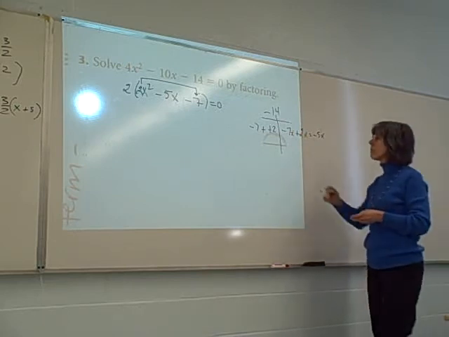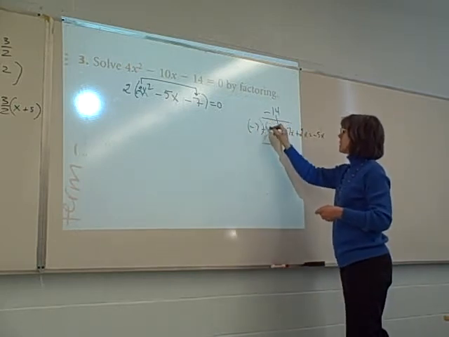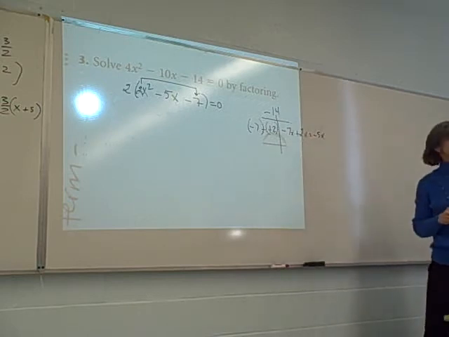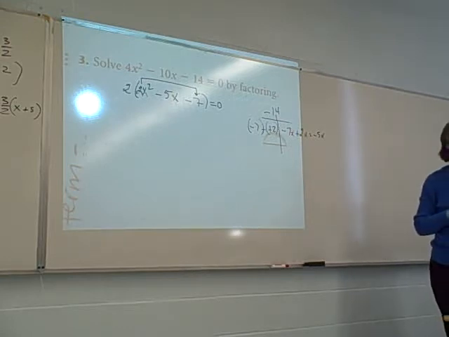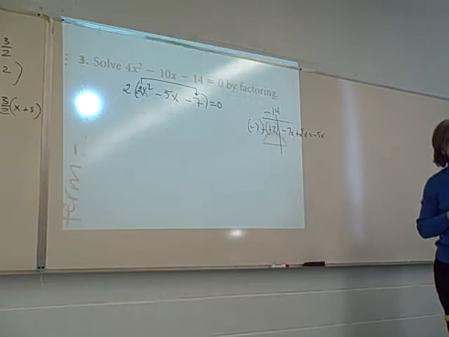Okay, is everybody good? So this times this will give me a negative 14, so it was a negative 7 and a positive 2. Yes? Is everybody okay from that point? Kayla, you good? You good, Renee?